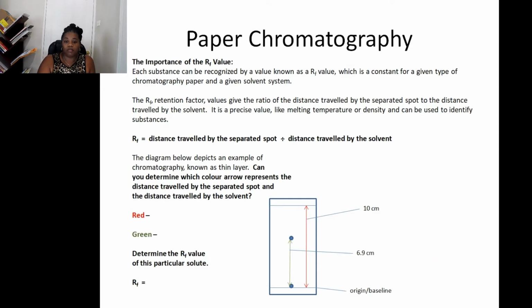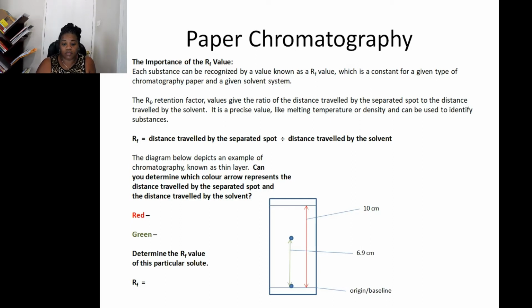And here's a little bit more explanation for paper chromatography. Each substance can be recognized by a value known as an RF value, which is a constant for a given type of chromatography paper and a given solvent system. The RF, or retention factor, value gives the ratio of the distance traveled by the separated spot to the distance traveled by the solvent.